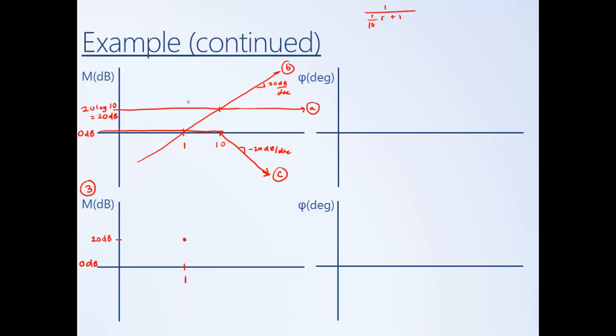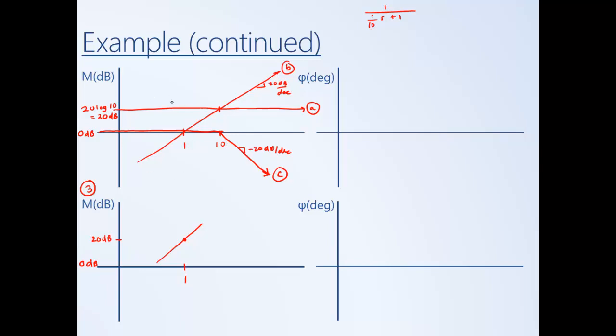So if we look at this frequency, we have two components that have magnitude plots that are flat, and one component that has a slope of positive 20 dBs per decade. If we add those slopes together, we have a slope of 0, a slope of 0, plus a slope of 20. The sum of that is plus 20 dBs per decade.